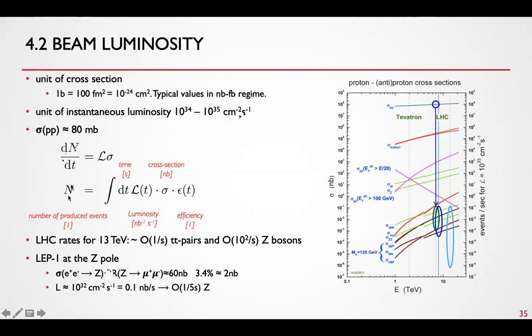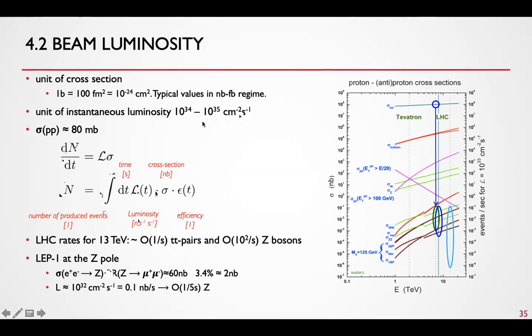And the number of events of your process during a long period of running, where this time integral extends over many years of operation, is the time-dependent luminosity, because sometimes the beam is better, sometimes it's worse, times the cross-section, times the efficiency. Luminosity can be given in inverse barn per second, and the cross-section is given in barn. Integrated over time, this gives you a number of events.